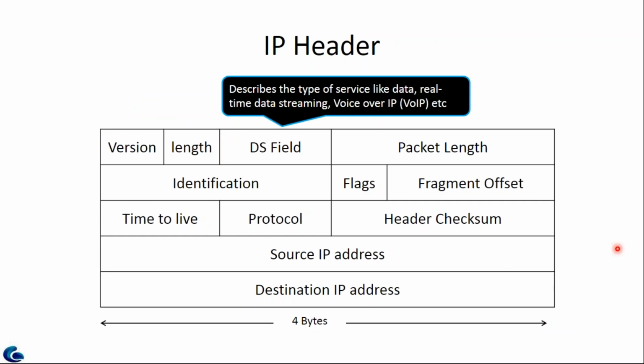Then comes what you call the distinguished services. There are applications like voice and others which are time sensitive. Some applications cannot afford their packets to be buffered for a very long time in any of the routers or network elements, and they don't want to stand in a queue and result in a loss of data or a loss of the purpose, from an application point of view.